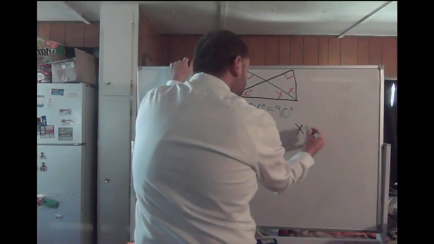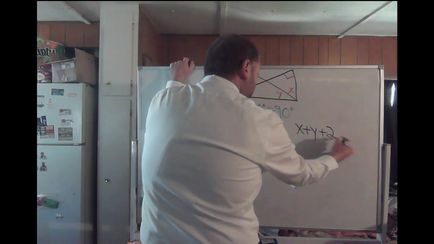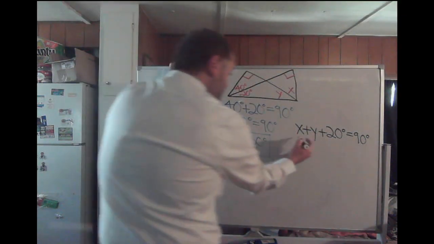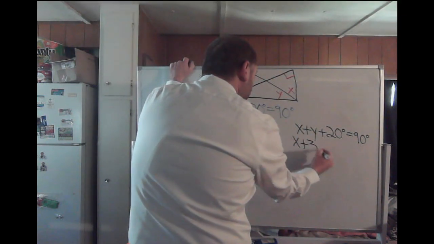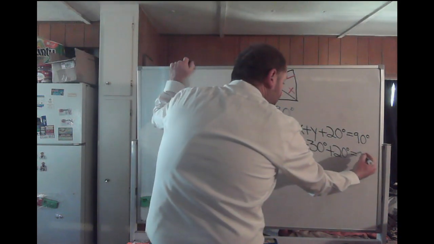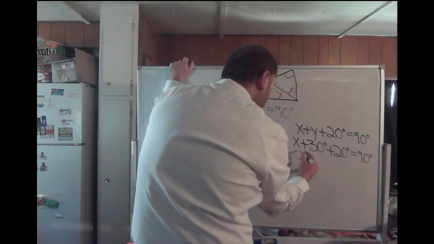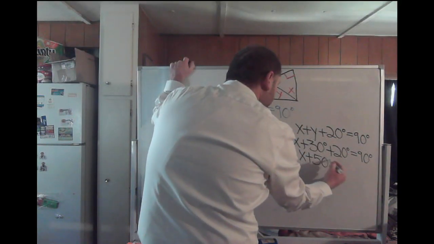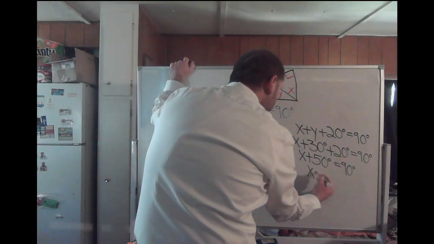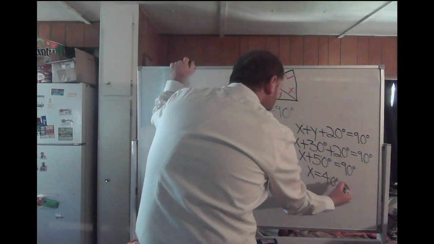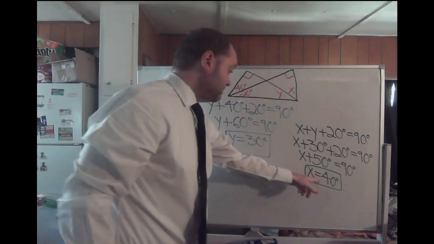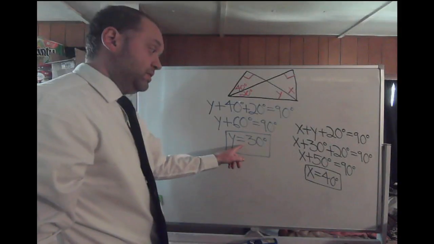So it's going to look like x plus y plus 20 degrees equals 90 degrees, which then means you could do x plus 30 degrees because y was 30, plus 20 degrees equals 90 degrees, which then gives you x plus 50 degrees equals 90 degrees, which then means x is 40 degrees. So what you get in the end is that x equals 40 degrees, y equals 30 degrees.